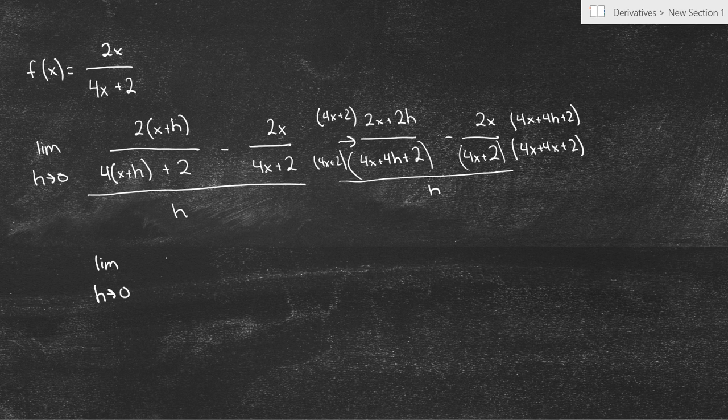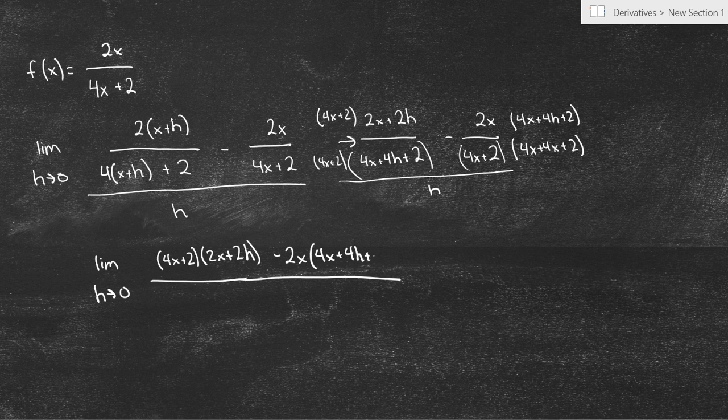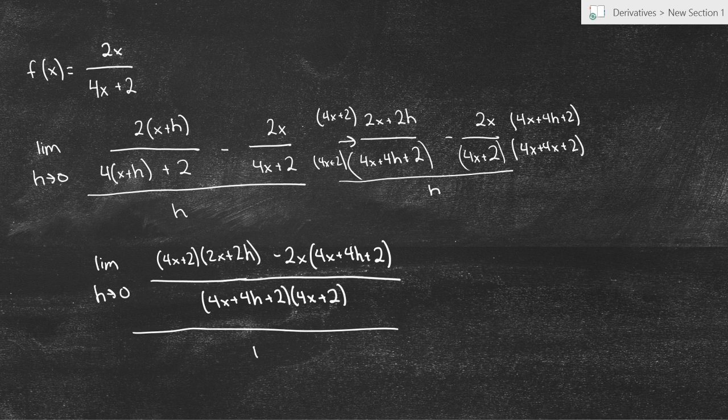So we're left with 4x plus 2 times 2x plus 2h, divided by, well, we can make it a common denominator in a second, so I'll do minus 2x times 4x plus 4h plus 2. Then our denominator now is just 4x plus 4h plus 2 times 4x plus 2. Still all divided by this h.